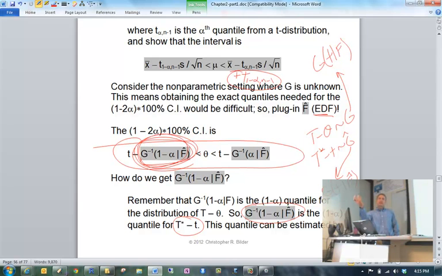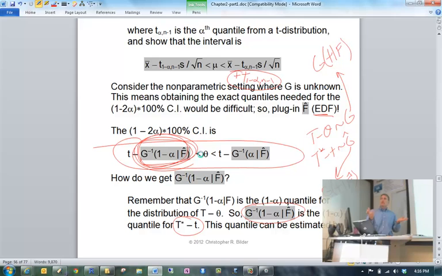Well, let's say that you get the estimates so that you get an F hat that's a parametric, like maybe a normal. And then from that, depending upon the form of T minus theta, you could derive the actual distribution for G. Think of it from a simple perspective of a confidence interval for mu, where the Y's originally were normally distributed.